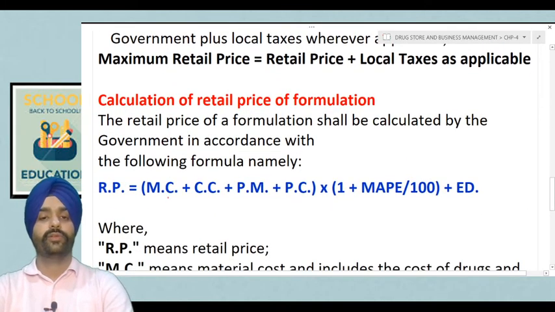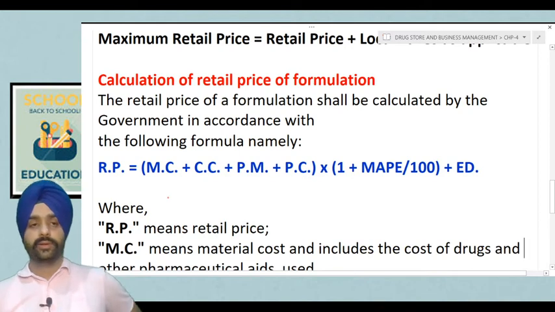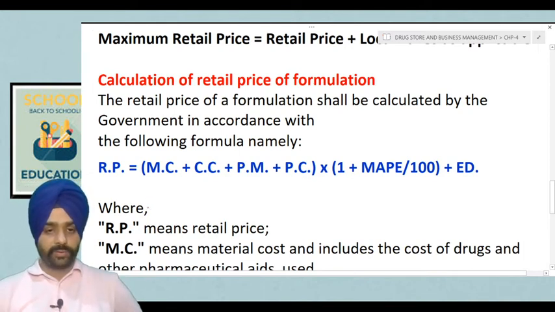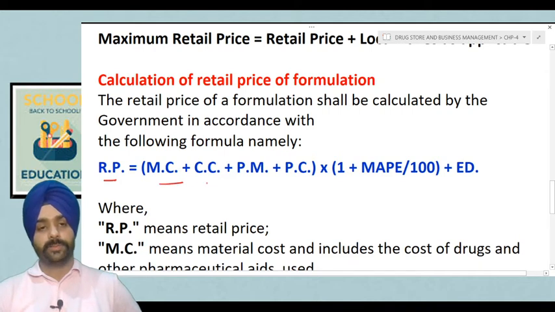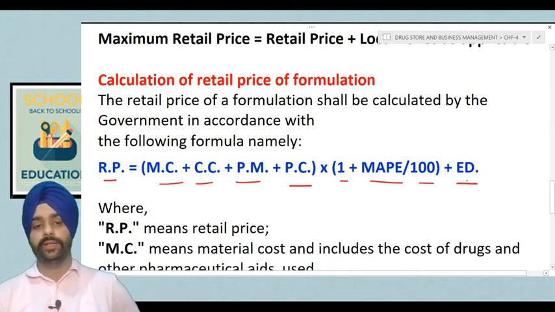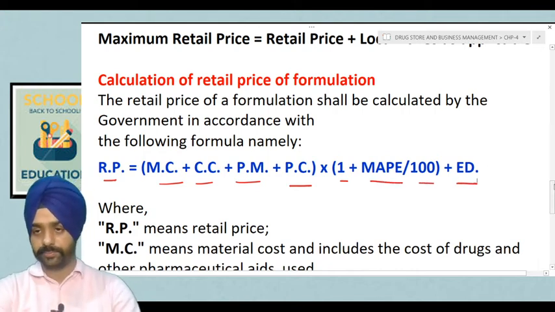The retail price of a formulation is calculated by this formula: RP equals MC plus CC plus PM plus PC, multiplied by 1 plus MAPE divided by 100, plus ED. You must remember this.